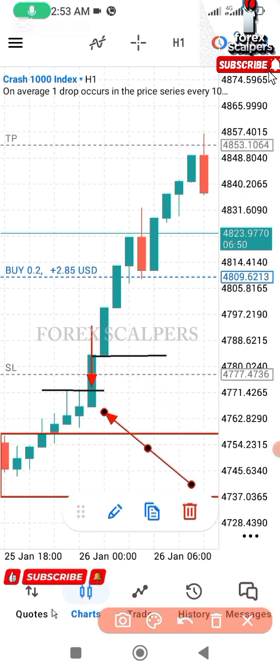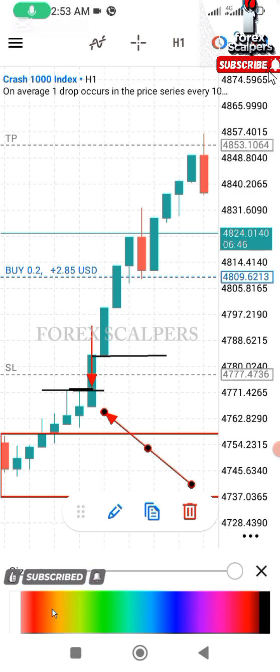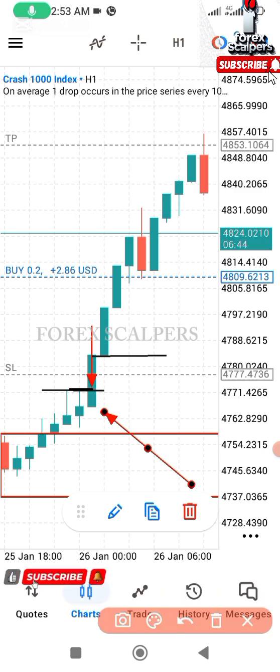So we are now having what? We had this low. We had this high of the previous candle. So this is the high of the previous candle, while this is the low of the candle after.